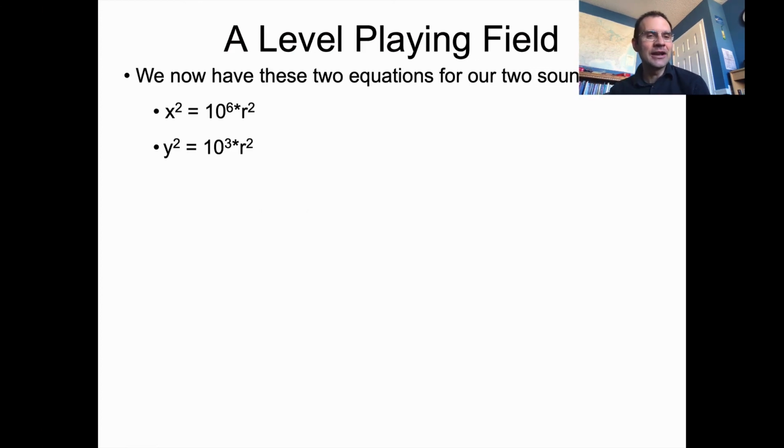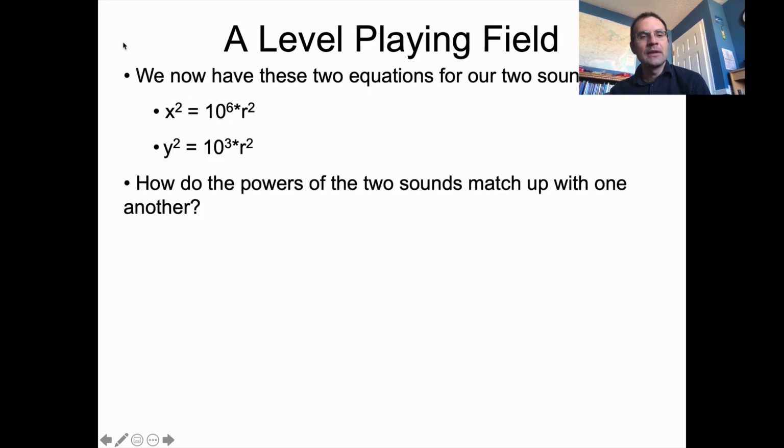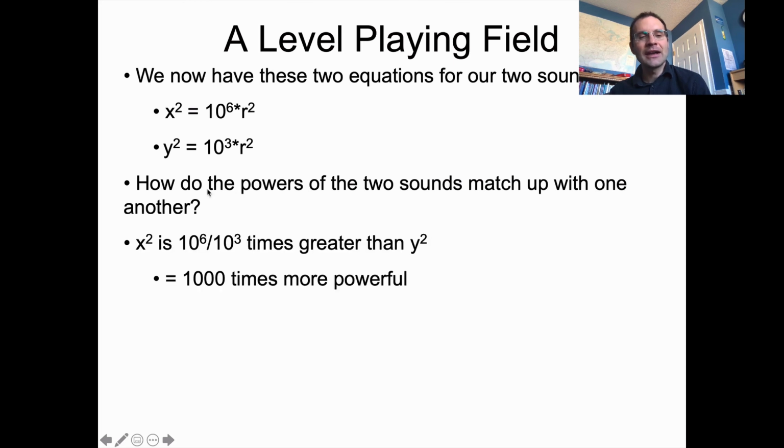Either way, we can now make a direct comparison between the two sounds. If x squared is 1,000,000 times r squared and y squared is 1,000 times r squared, then x squared is 10 to the 6th divided by 10 to the 3rd, or 1,000 times more powerful than y squared.